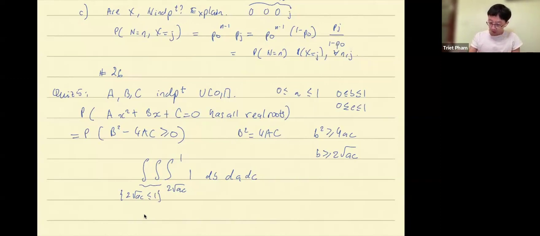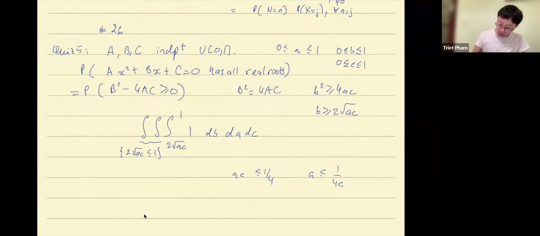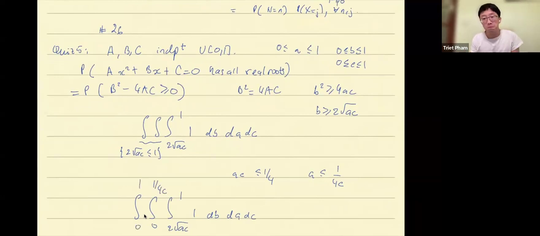Which is the same thing as saying A times C is less than or equal to a quarter, or A less than or equal to 1/4C. Well, what does that mean? That the triple integral now will be 1 dB dA dC, where B runs from 2 square root of AC to 1, A runs from 0 to 1/4C, and then C runs from 0 to 1.